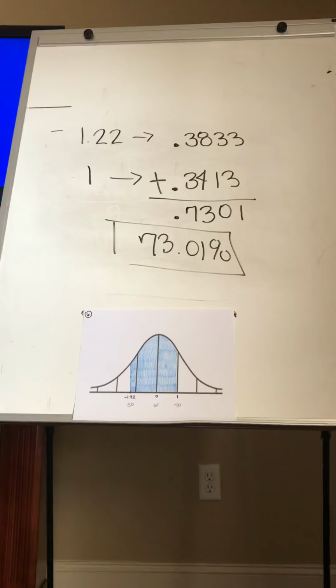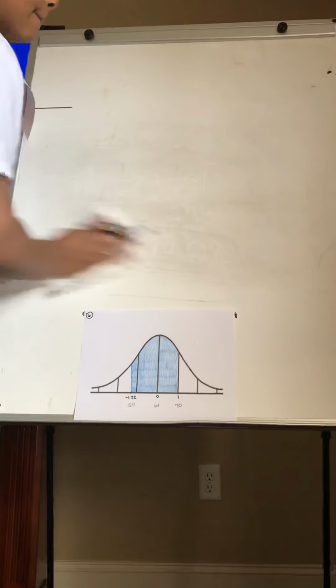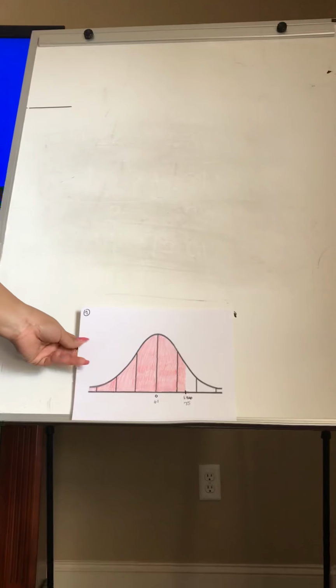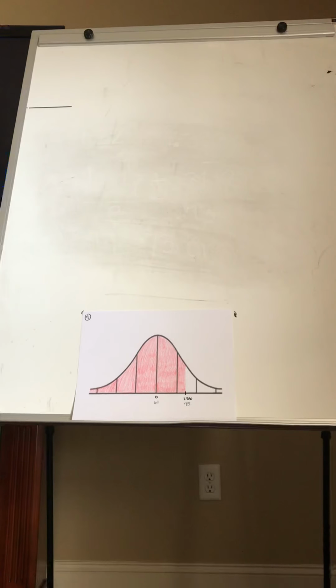Number 7. Number 7, it says using the same mean of 61 minutes and standard deviation of 9, find the percentage of finishers with times less than 75.